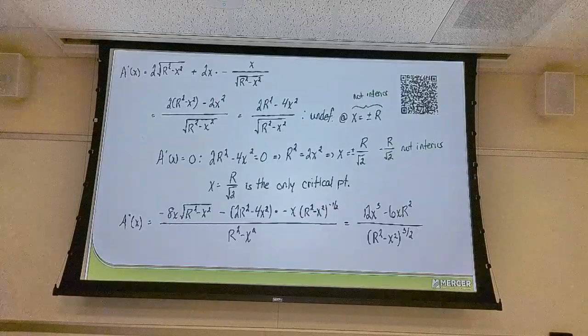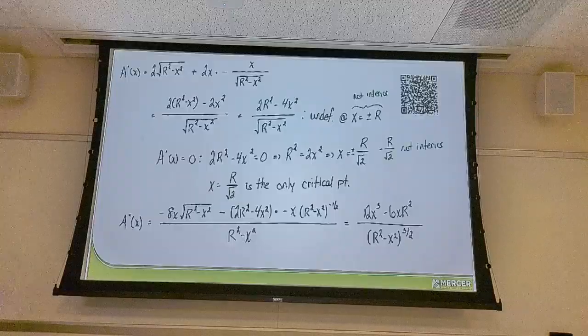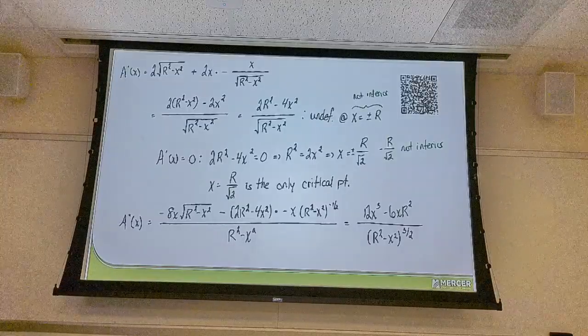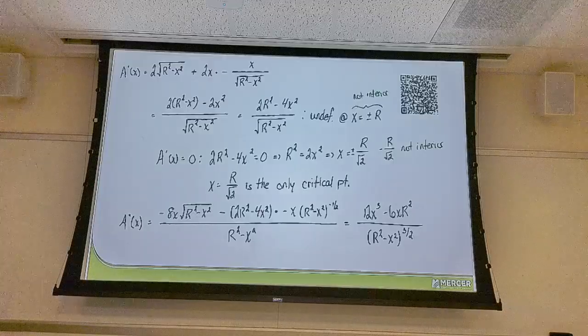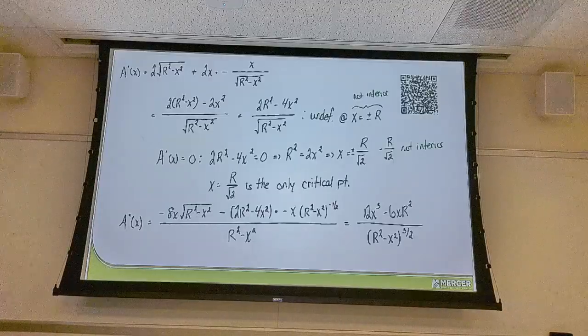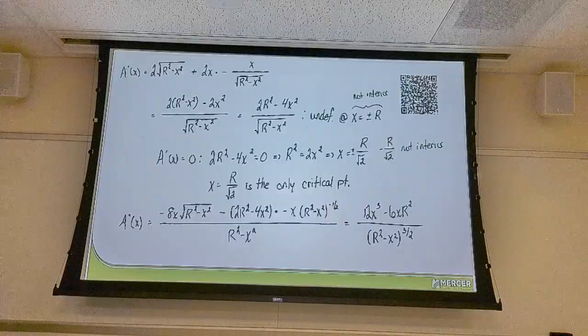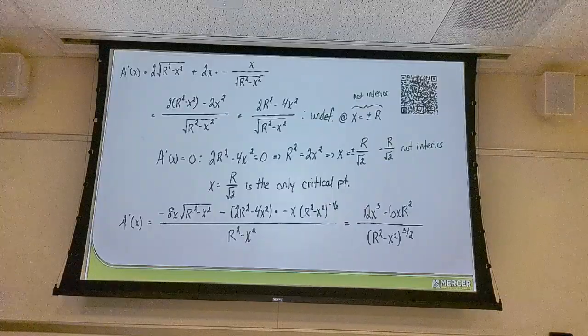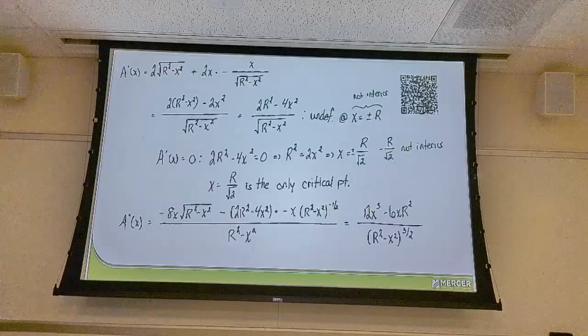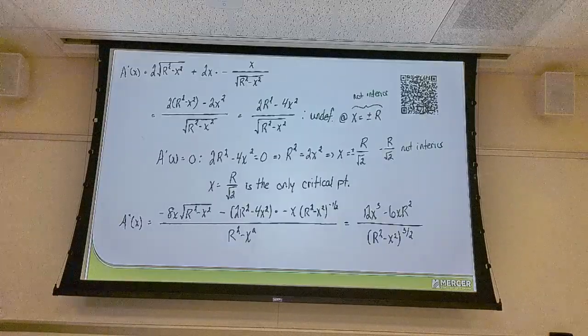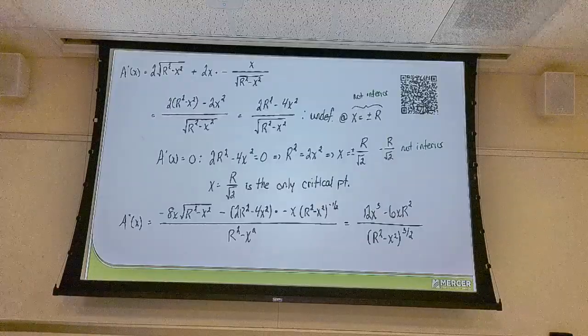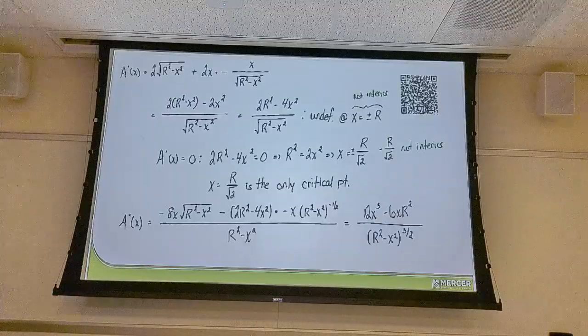That's in the denominator. 6r cubed over root 2, minus... x is r over root 2.